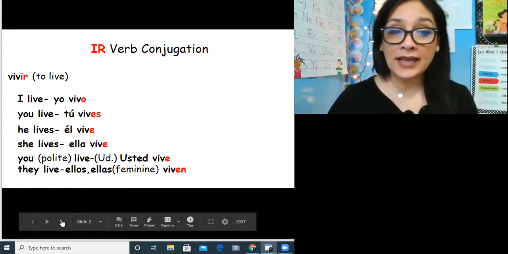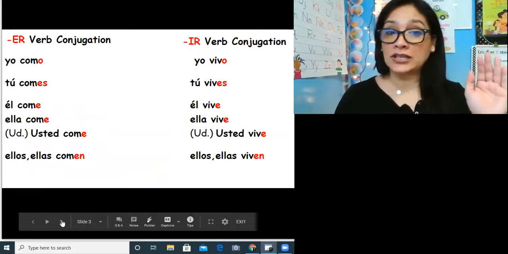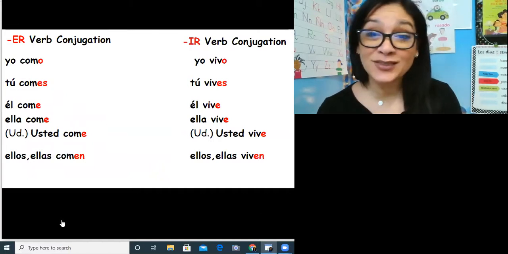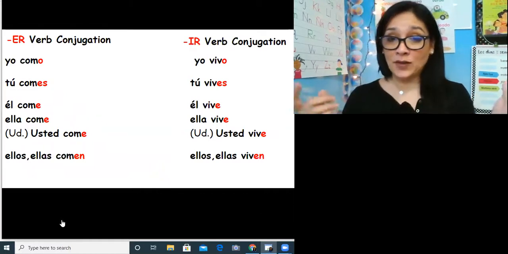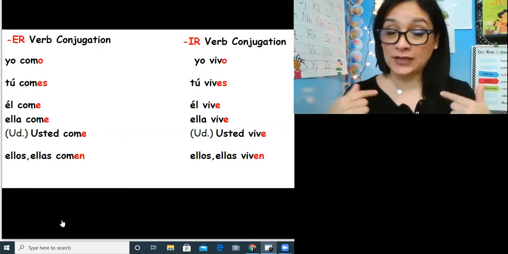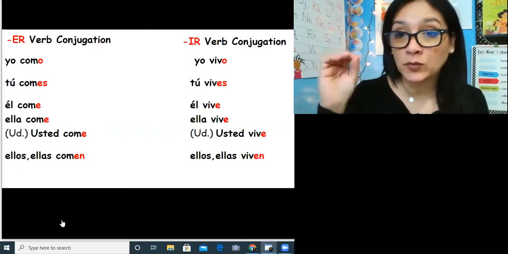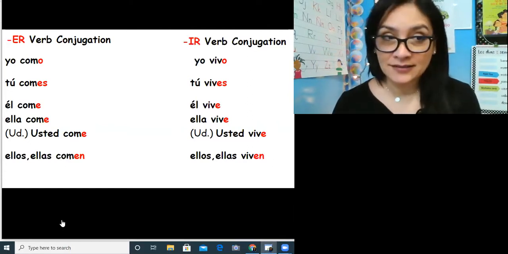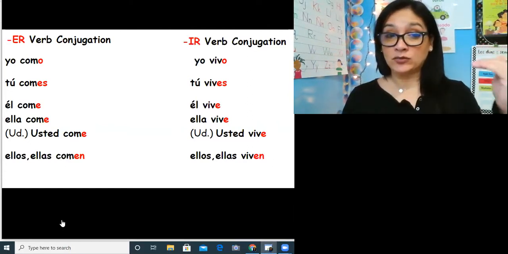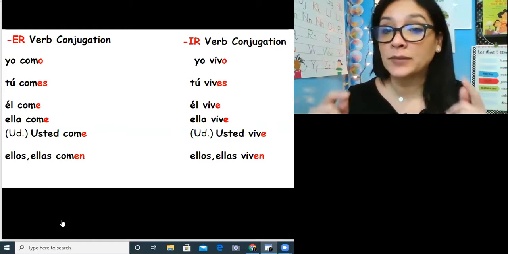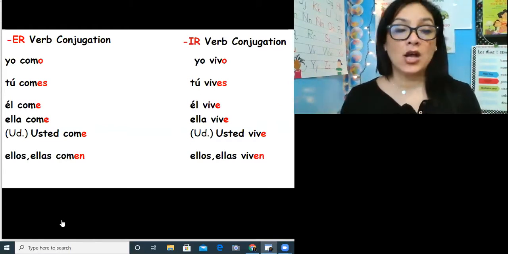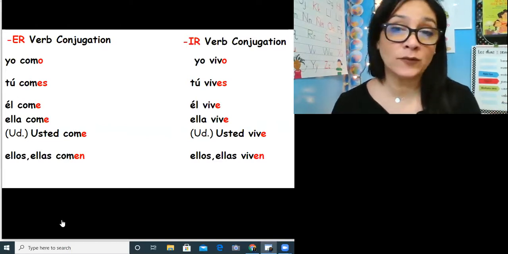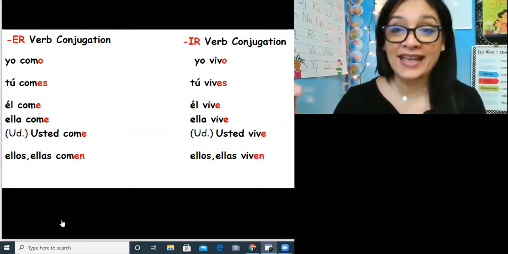And if you look at ER verb conjugation and IR verb conjugation, what you notice is that they're similar. If I use the word yo, I end my verb with an O. Tú, es. If I use él, ella, usted, I'm going to end my verb in an E. When I want to use ellos or ellas, meaning they, I end my verb in an en, E-N.